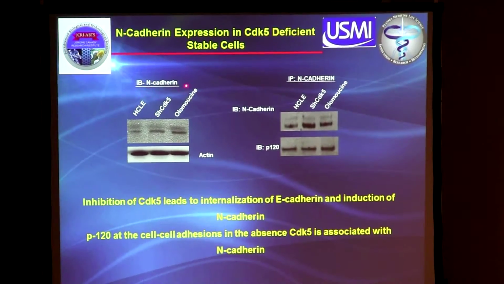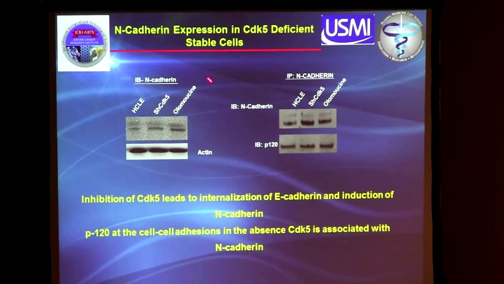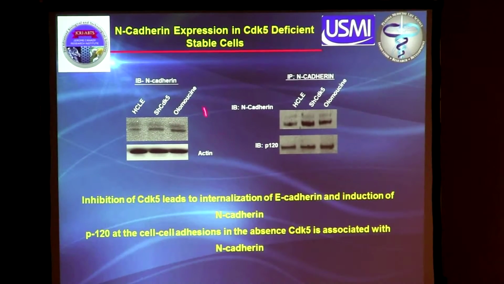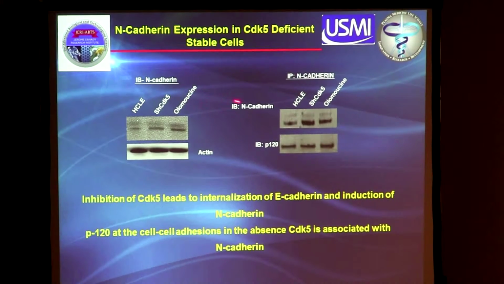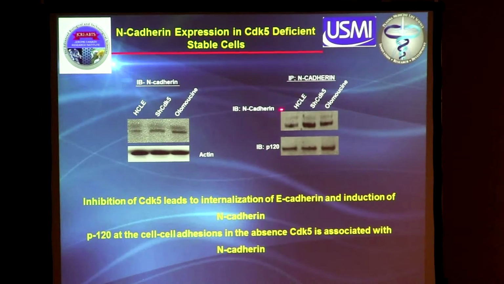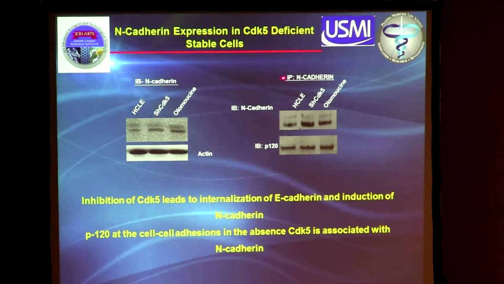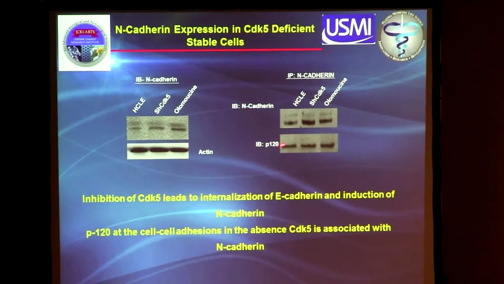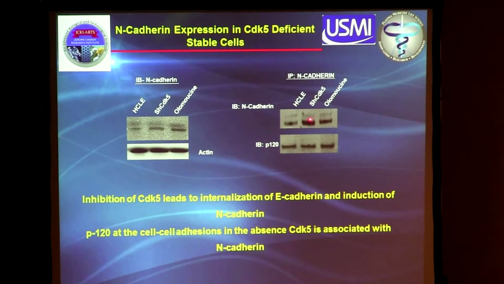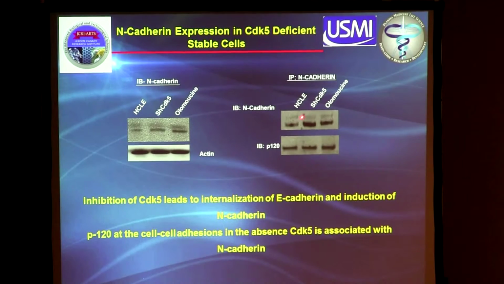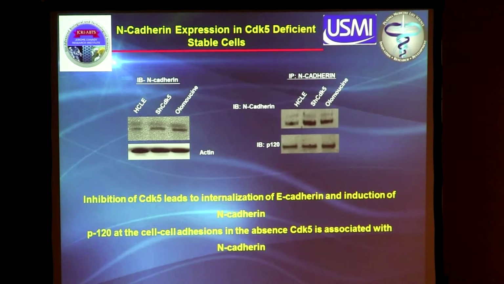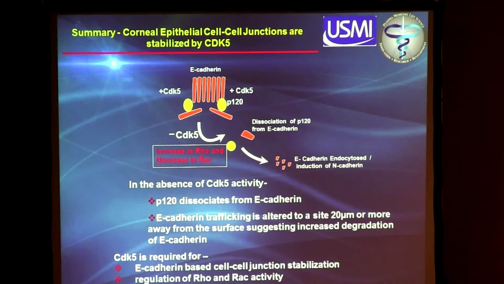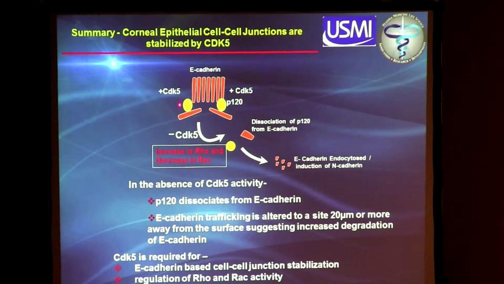This slide shows that since P120 remained at the cell borders and only E-cadherin was internalized, we tried to look at the N-cadherin expression. A co-immunoprecipitation of N-cadherin and P120 showed us that the N-cadherin expression increased, suggesting that there is an epithelial to mesenchymal transition. So to summarize, in the presence of CDK5, the cell-to-cell junctions are stabilized.